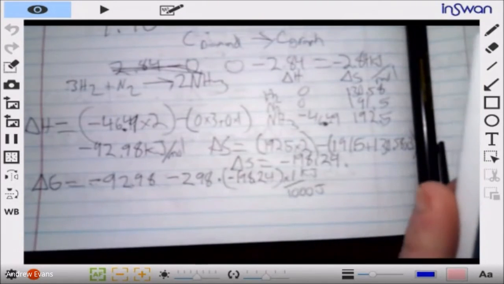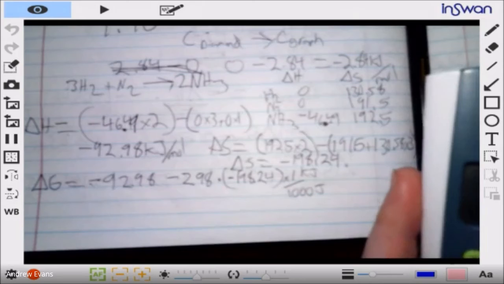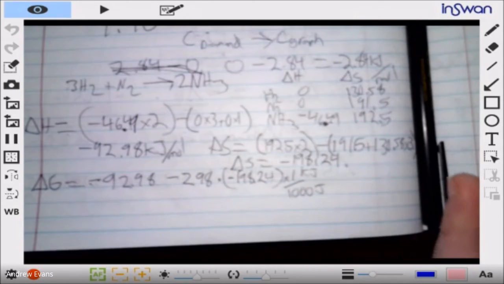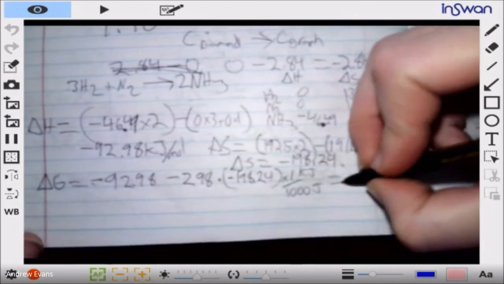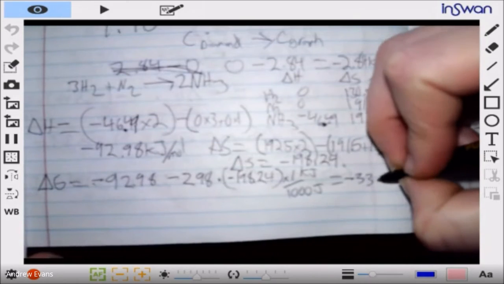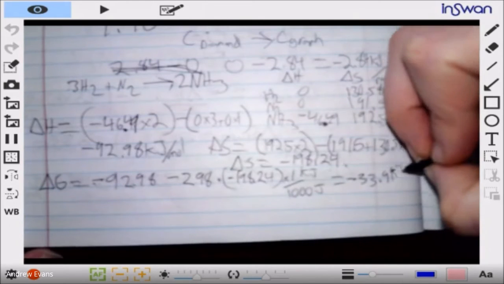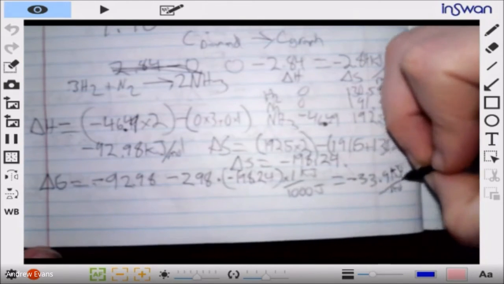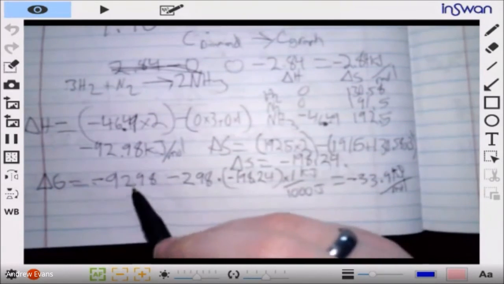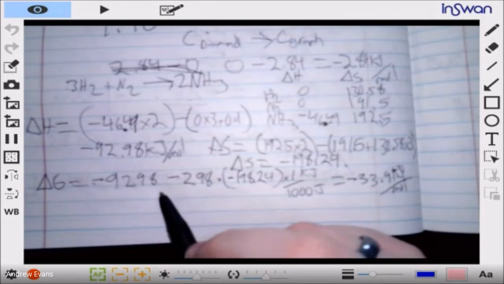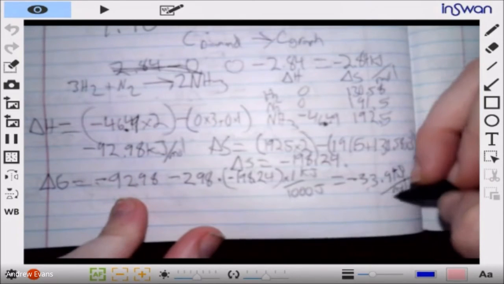So negative 92.98 plus 59.08. At this temperature, we get negative 33.9 kilojoules per mole. So this is spontaneous, barely. Considering how much heat is produced, we've cut down the spontaneity a lot, from negative 92 to negative 33.